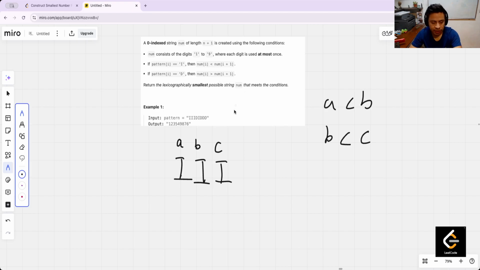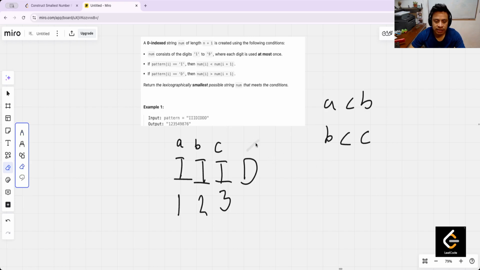In this case, I can always start the first with 1. If the next is I, it is 2, then 3. And where this D character appears, this should be greater than the next.